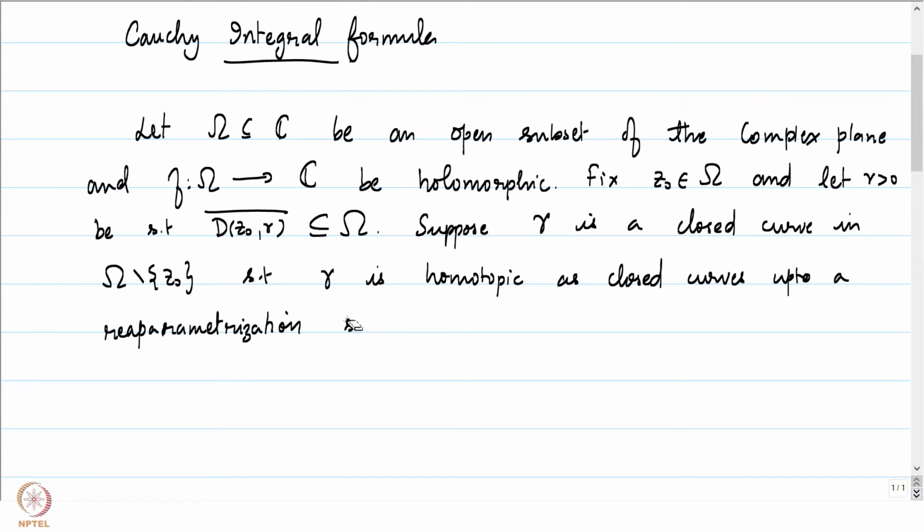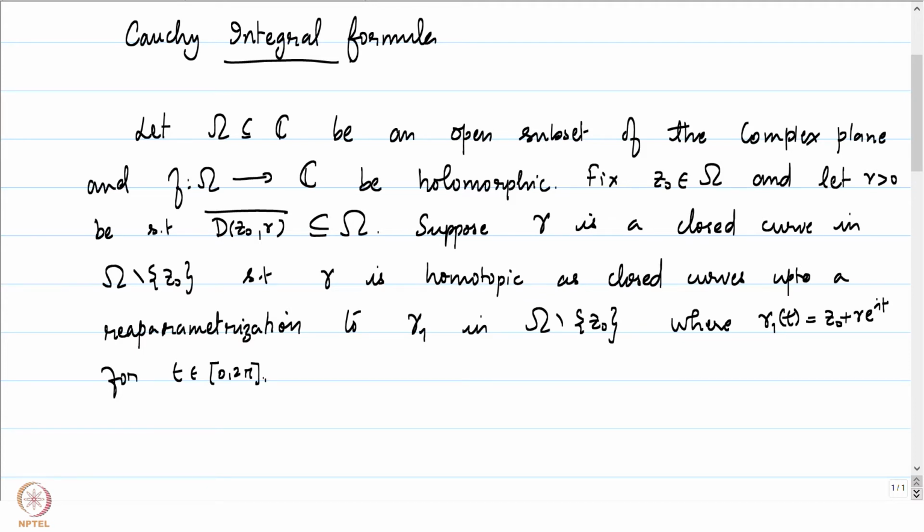Such that is homotopic to what? It's homotopic to the circle of radius r around z0, homotopic to gamma 1 in omega minus z0, where gamma 1 of t is equal to z0 plus r e to the power it for t in 0 to 2 pi.